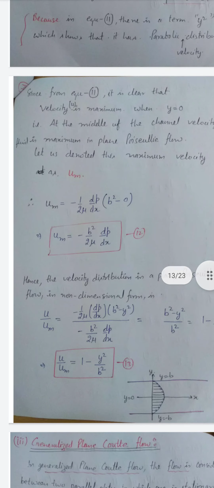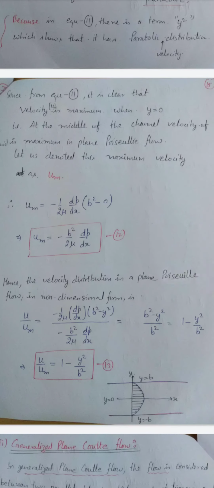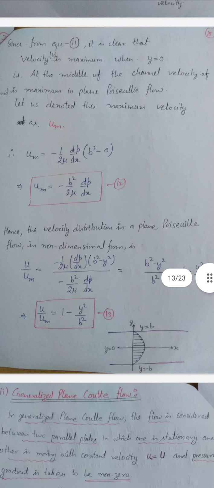We get u upon um is equal to minus 1 upon 2 mu dp by dx into (b square minus y square) upon minus b square upon 2 mu dp by dx. Everything cancels. We get 1 minus y square upon b square. This is u upon um, the velocity distribution.